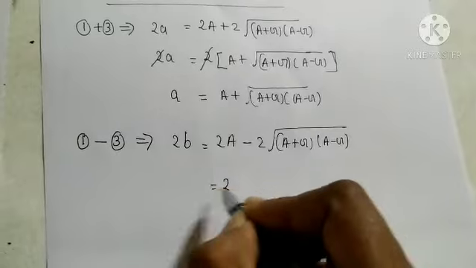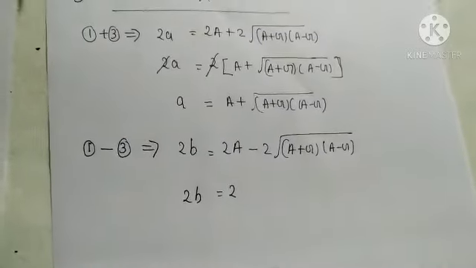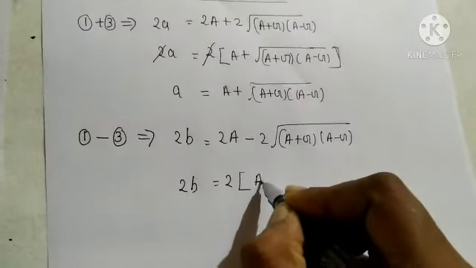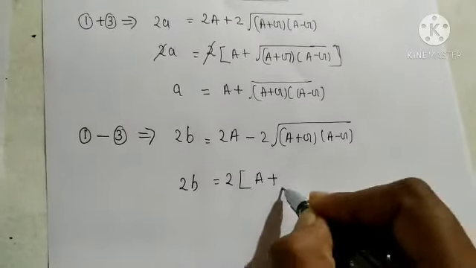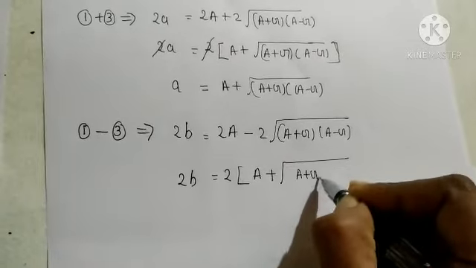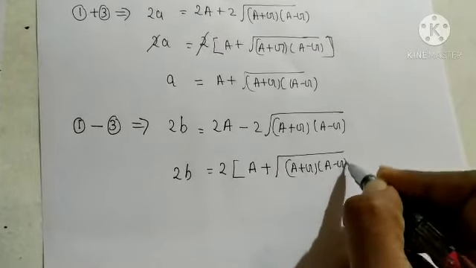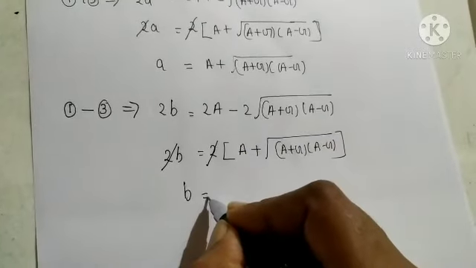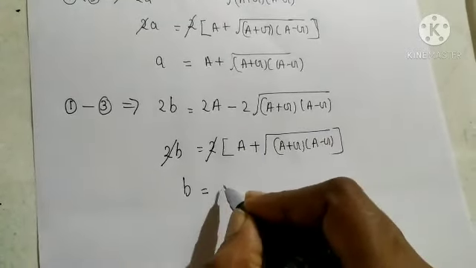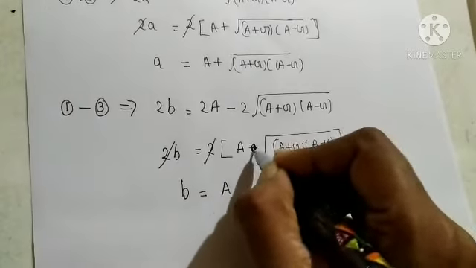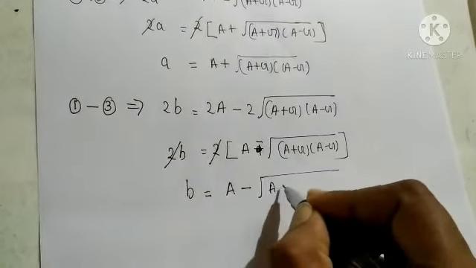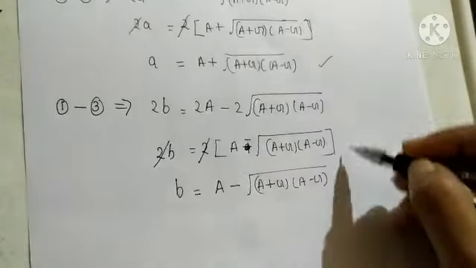Here also 2 is common, taking 2 from these two terms, we get A minus root of (A plus G)(A minus G). Cancelling these two, we get the value of b, the second number, as A, sorry, it is minus, right, A minus root of (A plus G)(A minus G). So these are our two numbers.